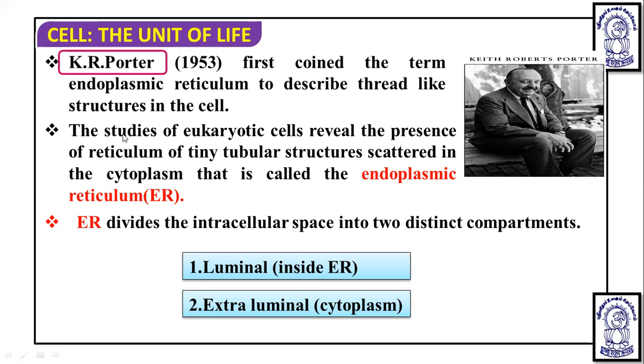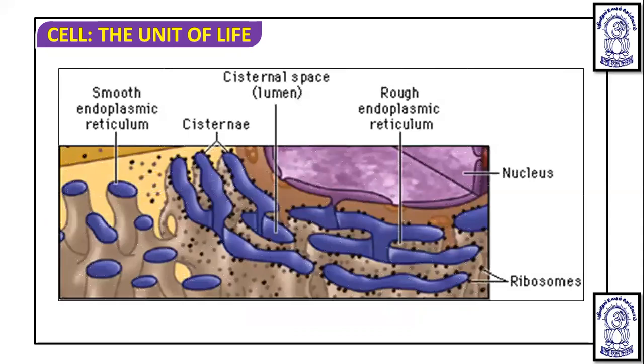Here you will see the nucleus, the rough endoplasmic reticulum, and the smooth endoplasmic reticulum. These tubular structures are known as cisternae, and the lumen present within the cisternae is the luminal compartment, and outside that is the extraluminal compartment.